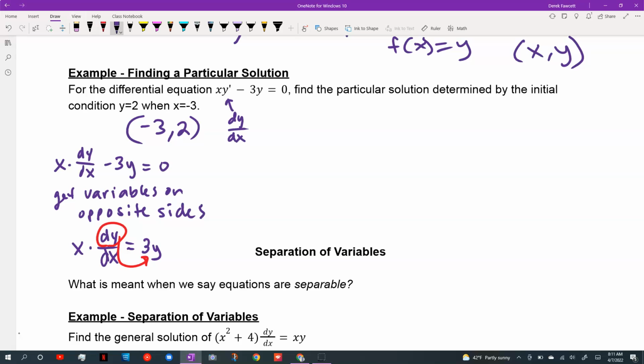So if I go ahead and divide that, you end up with x over dx is equal to 3y over dy.